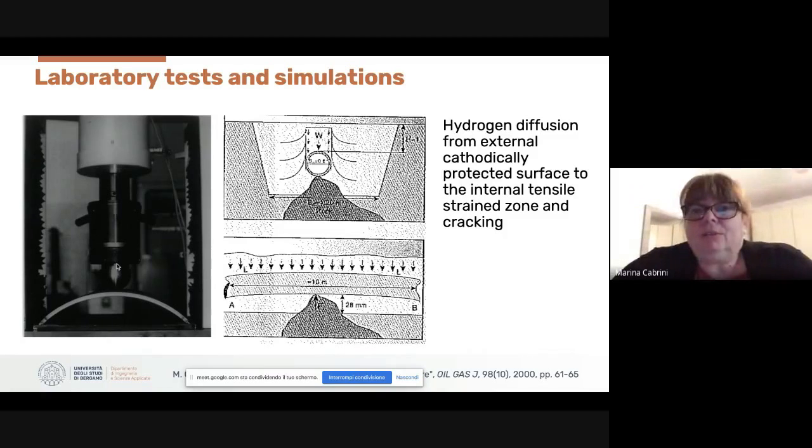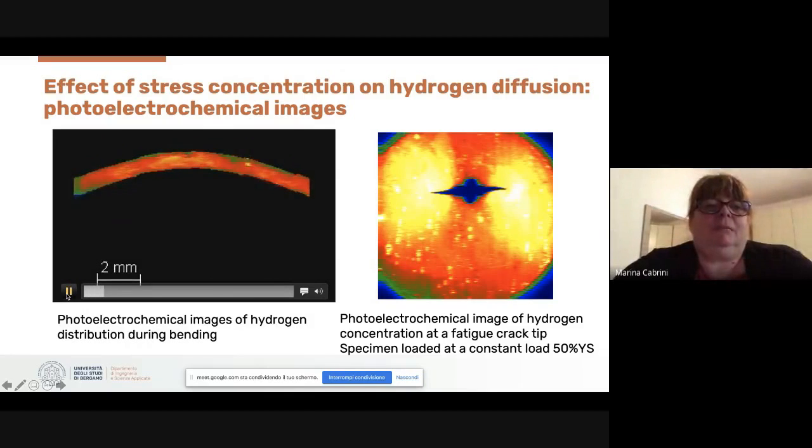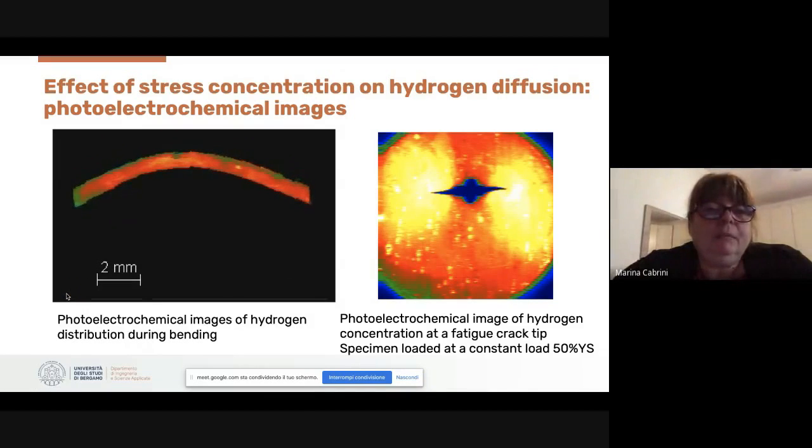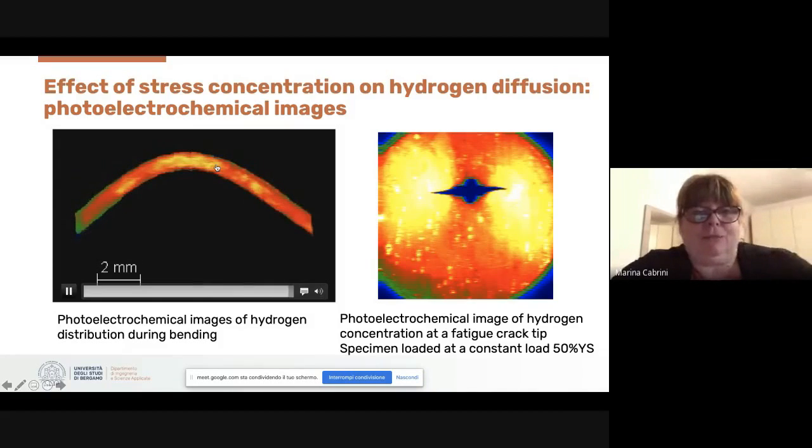We can try to use the photoelectrochemical image also to evidence the effect of load on hydrogen. We can see an experiment on a simple bending in which it's possible to see by the film that there is an increase of hydrogen when there is a plastic deformation.